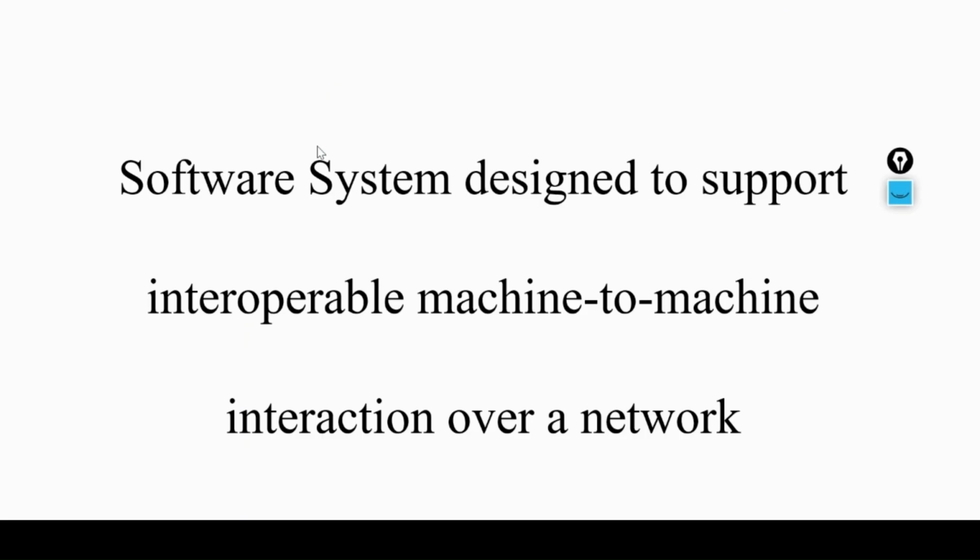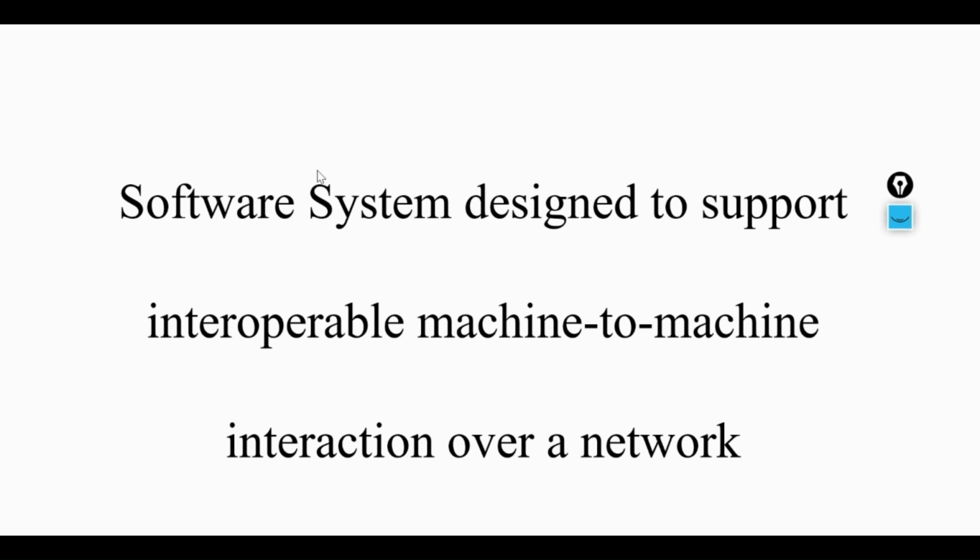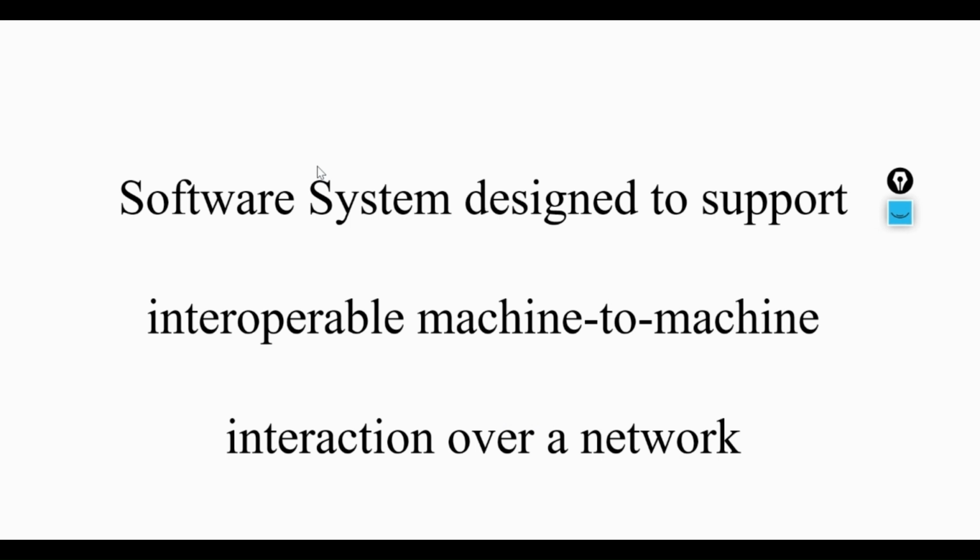Now we will understand what a web service is. A web service is a software system designed to support interoperable machine-to-machine interaction over a network. Means web services are designed for machine-to-machine or application-to-application interaction. Web service should be interoperable. That is, web service is platform independent.